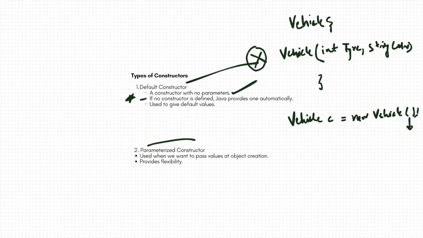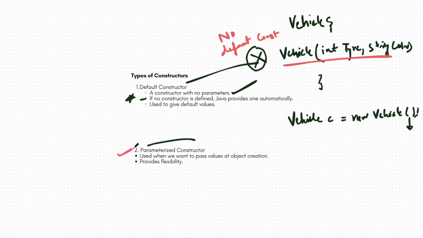In this case, Java will not add any default constructor. Very important. No default constructor. Why? Because you have already defined a custom constructor on your own which has certain parameters. Java will only define a constructor if you have not defined any constructor, right?